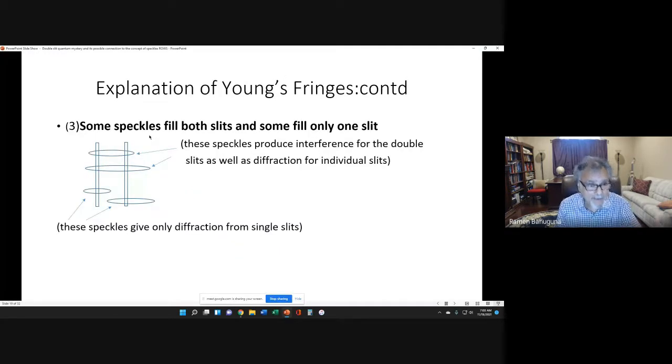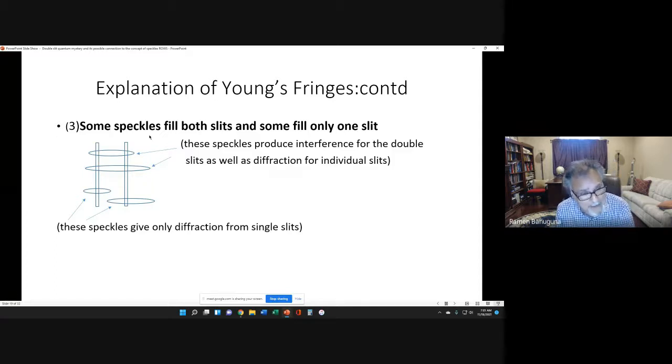Now let's say I add some more speckles. The top speckle is falling on both slits, so it is going to give you diffraction as well as interference. The second one from the top also gives you interference between the two slits as well as diffraction due to the single slits. The third speckle from the top, at the bottom left as you see, will give you only diffraction.